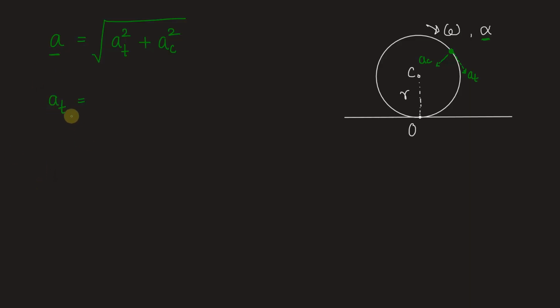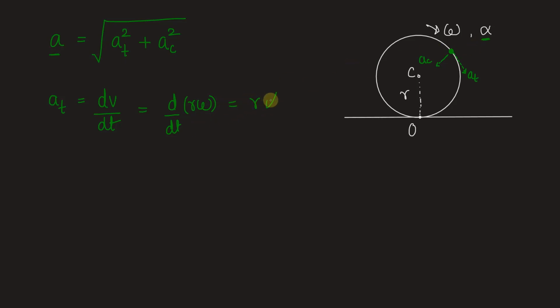Now this tangential acceleration AT is nothing but the differential of tangential velocity V at any point on the disk, which can be also written as, V can be written as r omega. So this will be d by dt of r omega, and d omega by dt is alpha, that is angular acceleration.